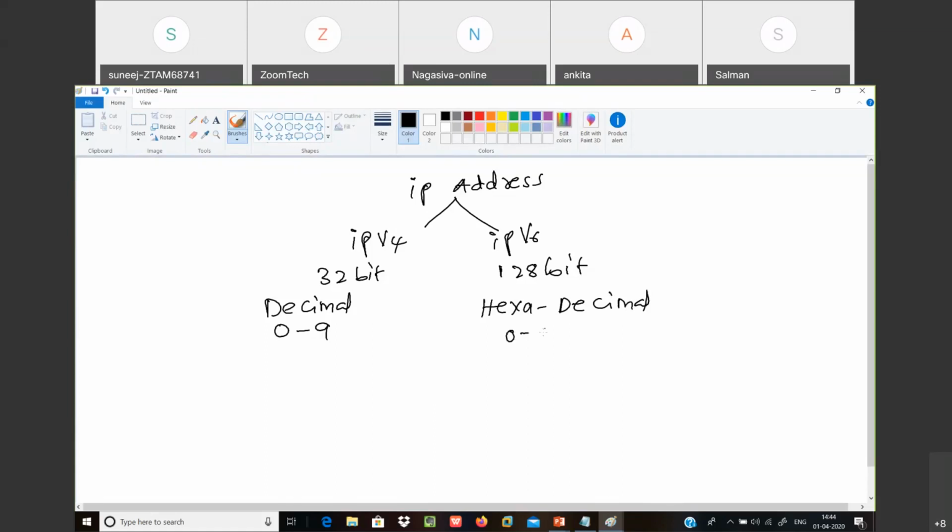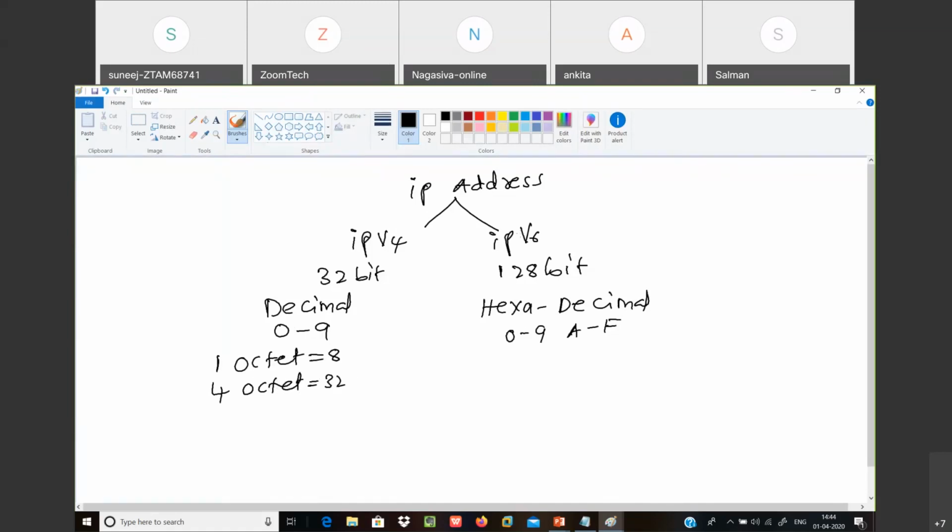Hexadecimal means a combination of 0 to 9 and A to F. Here all 32 bits of an IPv4 address are divided into octet format. One octet is equal to 8 bits. How many octets is IPv4 divided into? 4 octets make a 32-bit address.